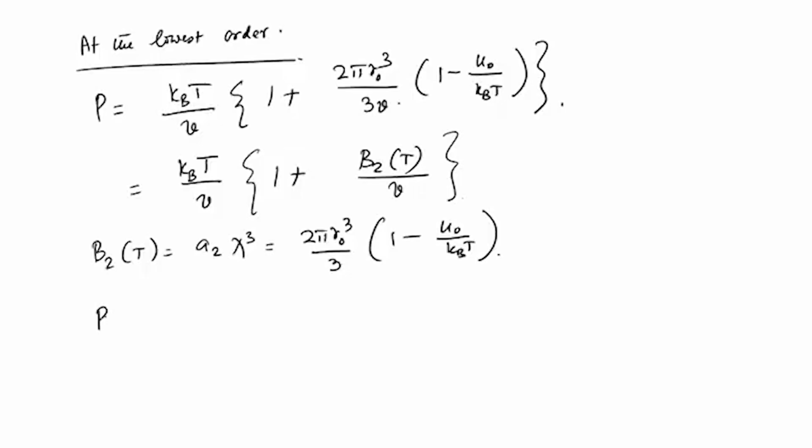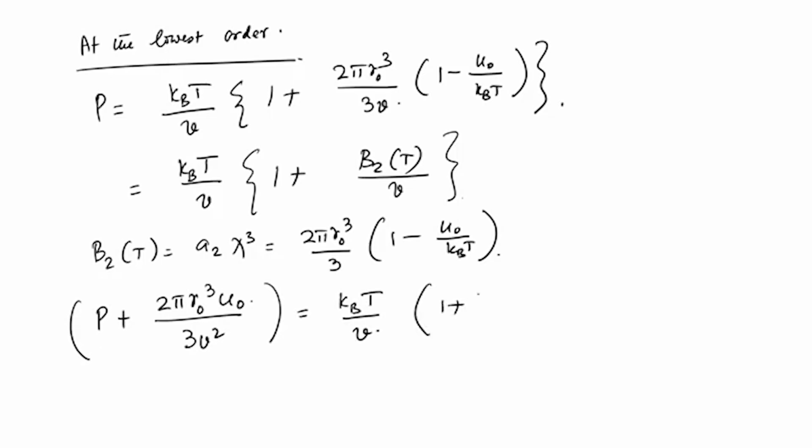And in fact, it turns out that if you do that, you get an equation of state which has a form like this: P equals kT over V times 1 plus 2 pi r0 cubed by 3V.